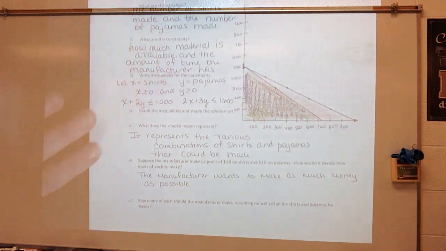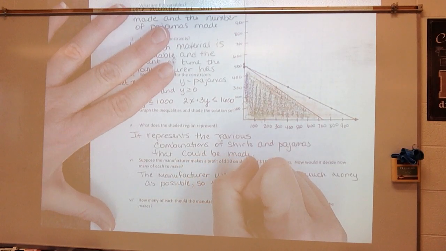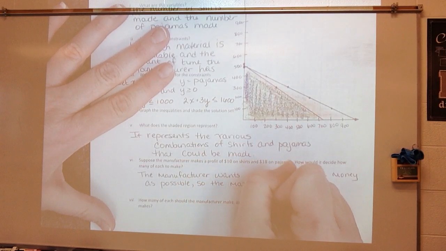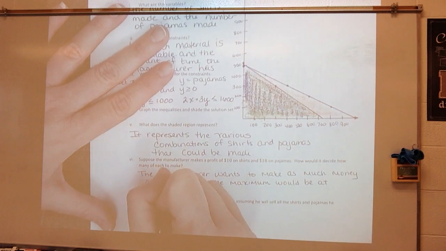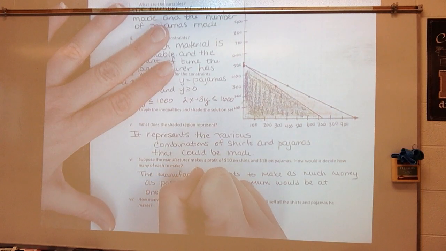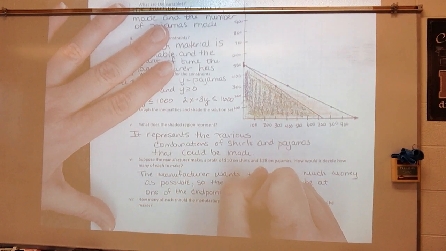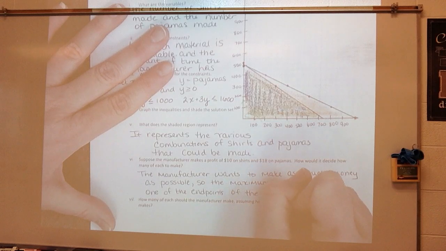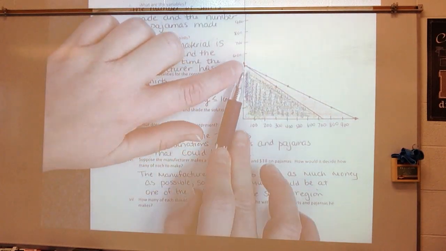That's kind of the whole point. So the maximum would be at one of the endpoints of the shaded region. Okay? The maximum amount of money they would make would be at one of these endpoints.